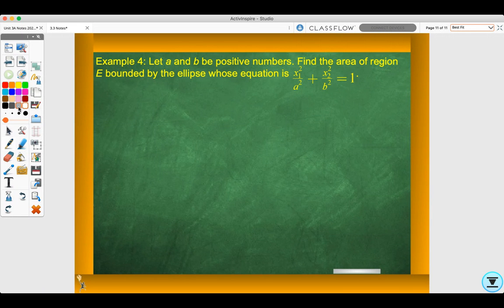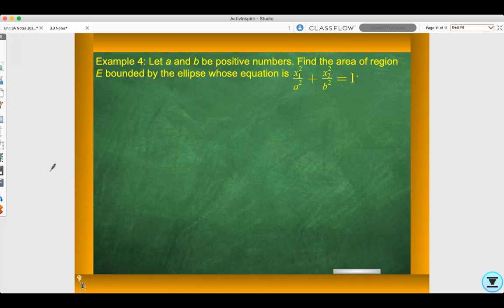So let's look at example 4. Let a and b be positive numbers. Find the area of the region E bounded by the ellipse whose equation is x1 squared over a squared plus x2 squared over b squared equals 1.